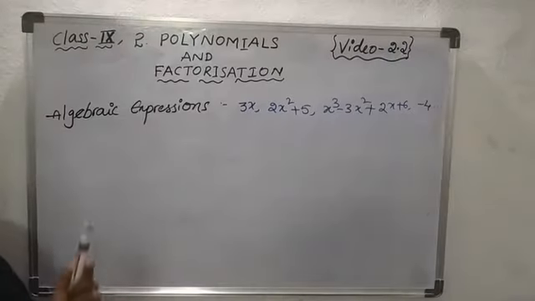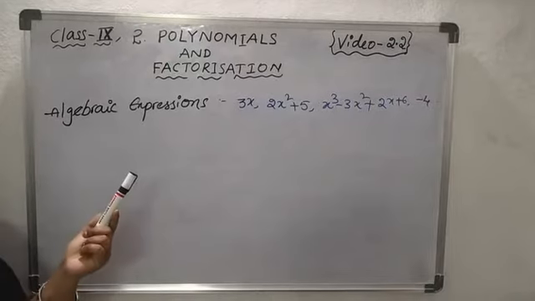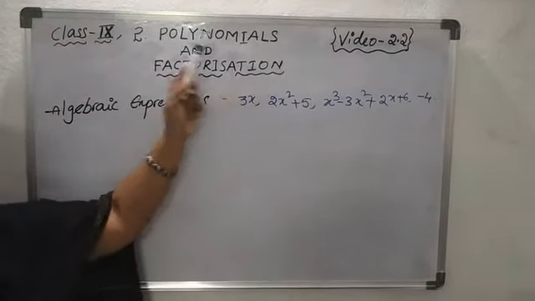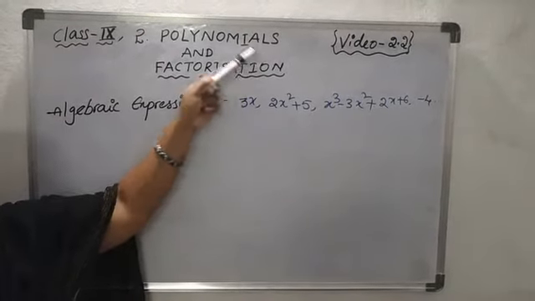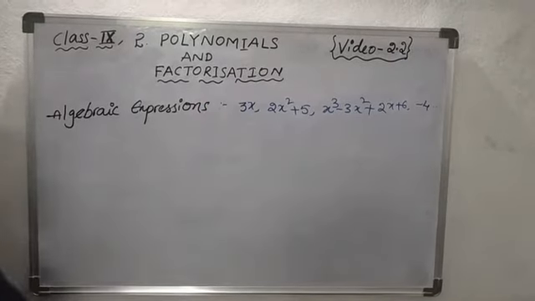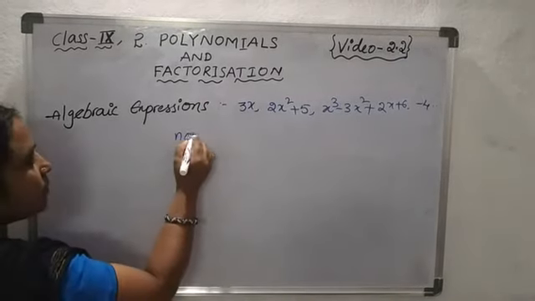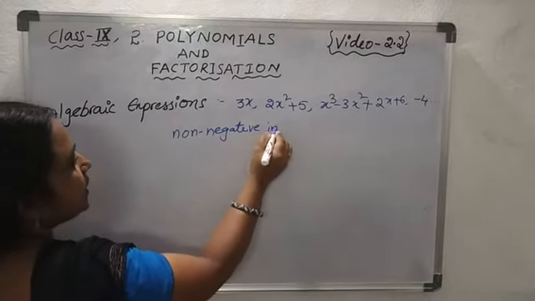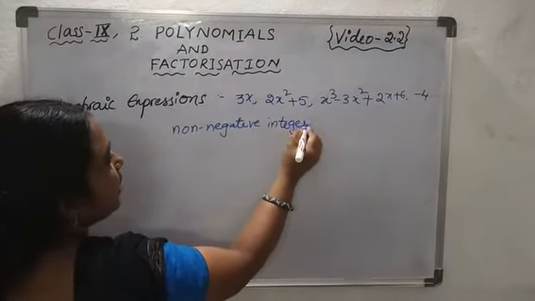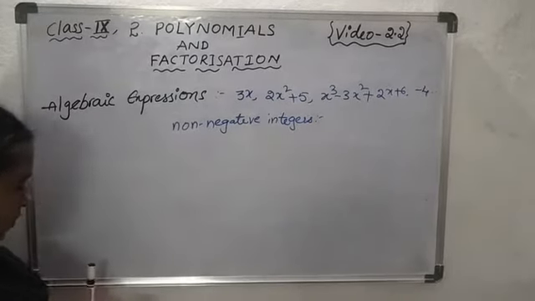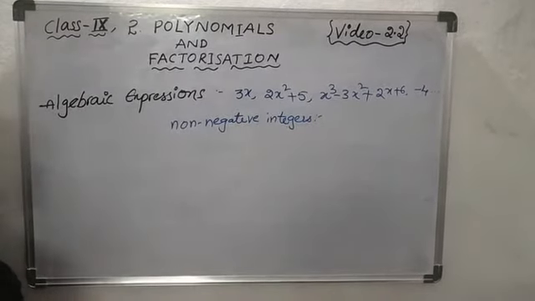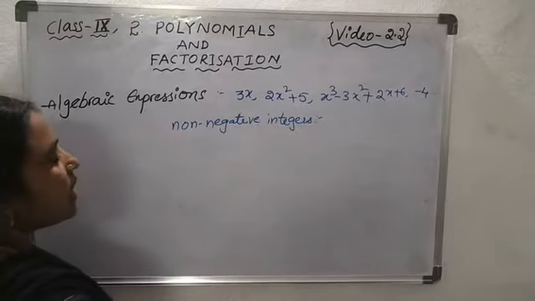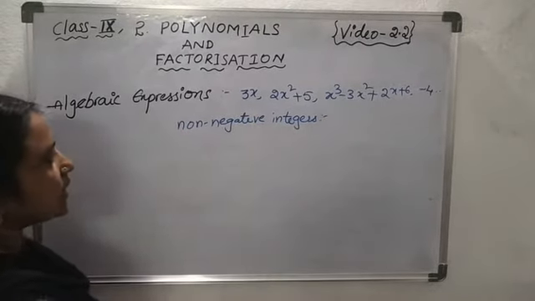Okay, clear? They have non-negative integers as exponents of the variables. Integers, as we will discuss in the first chapter on real numbers, include 0, positive numbers and negative numbers.